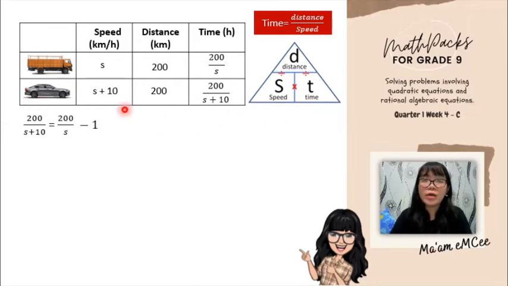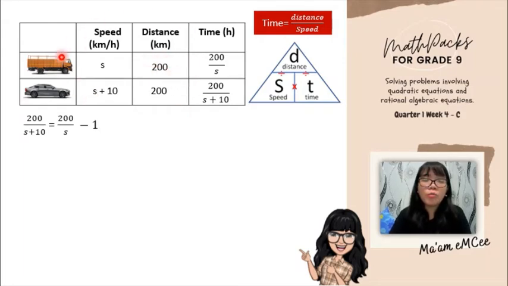Why this working equation? Now remember, 200 over S plus 10 is the time traveled by the car. And then 200 over S is the time traveled by the truck. And it was stated on our problem nga the time it takes the car to travel a distance of 200 kilometers is 1 hour less than the time it takes the truck to finish that distance, which is 200 kilometers.